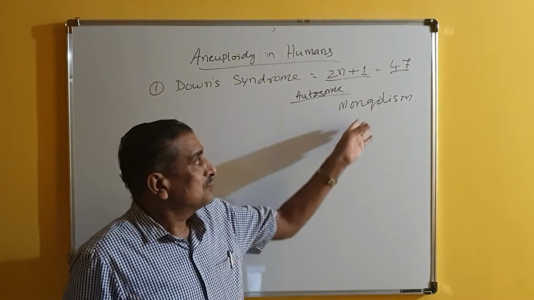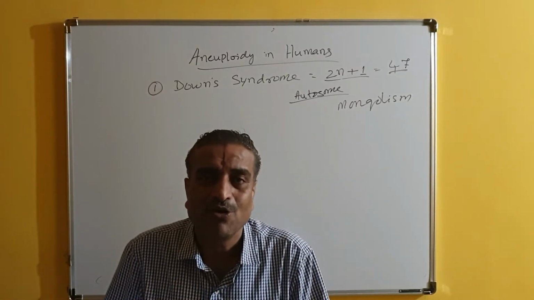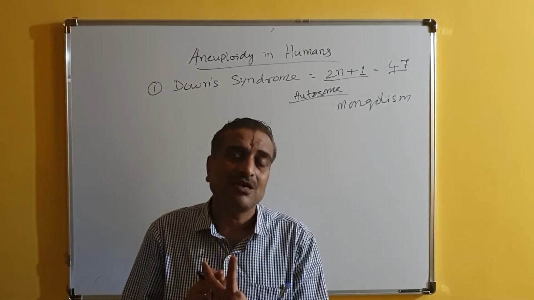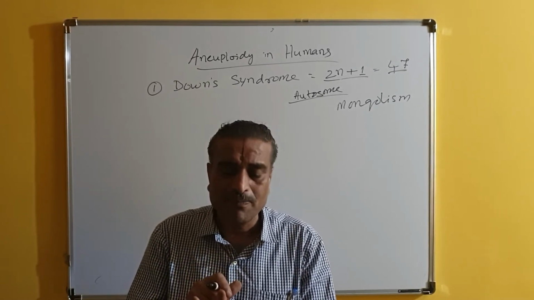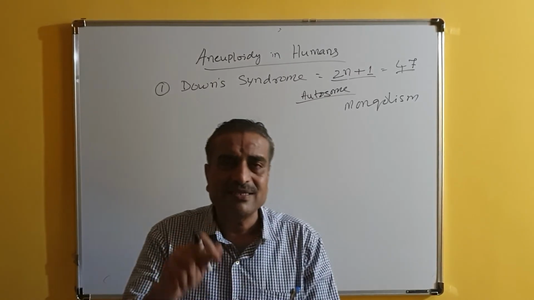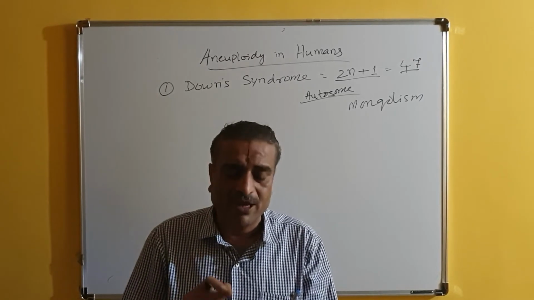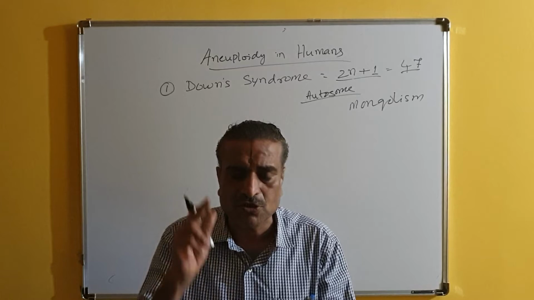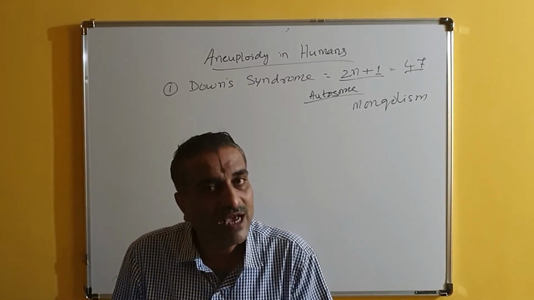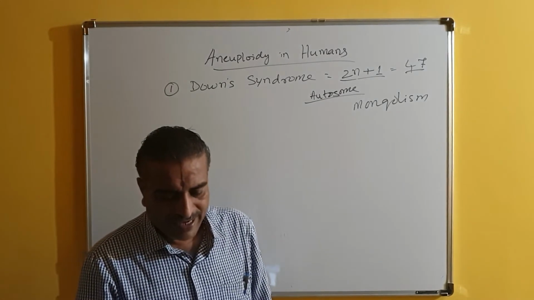Because of that, it is also called Mongolism. So there are two names for this syndrome. Down syndrome, because it was discovered by the scientist Down. Mongoloid syndrome, because it was first noticed in a person who belongs to the country Mongolia. Okay.